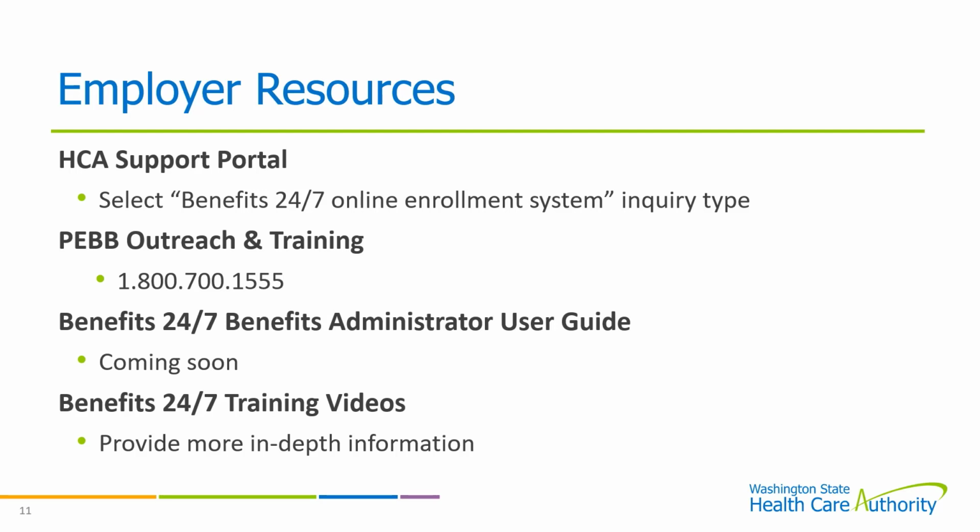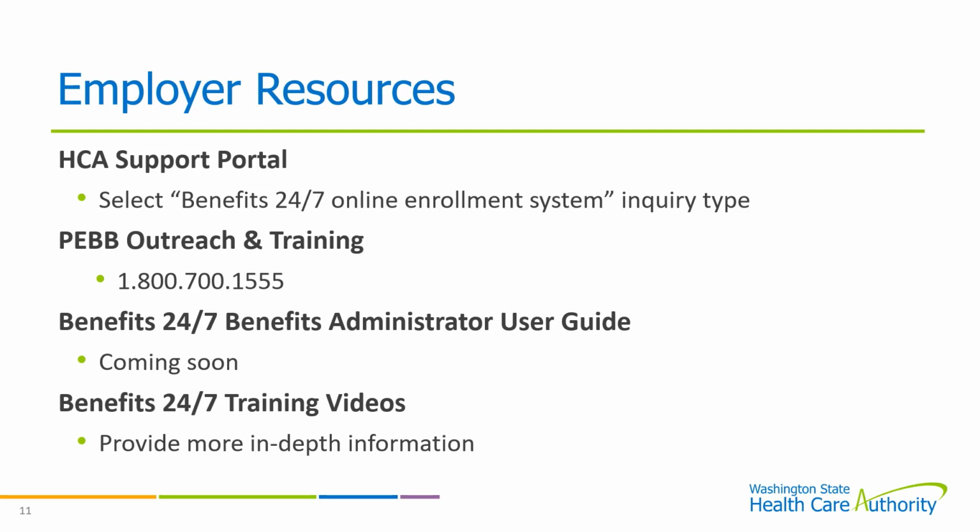So now that you know how to add and enroll a dependent with a disability into Benefits 24/7, here are those follow-up resources in case you have any questions about Benefits 24/7. So first, you can send us your questions through the HCA support portal, and when you're creating your ticket, just be sure to select the Benefits 24/7 online enrollment system as your inquiry type. You can also reach out to our outreach and training team at the number that is listed here.